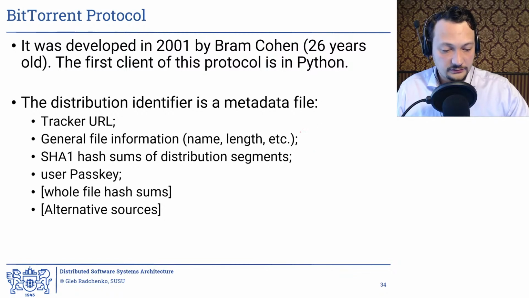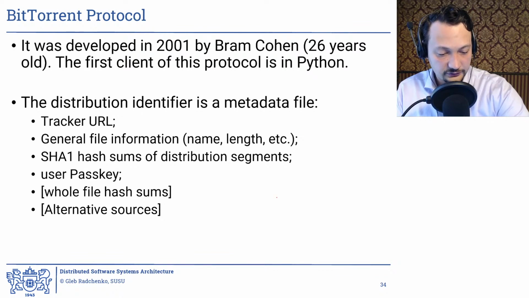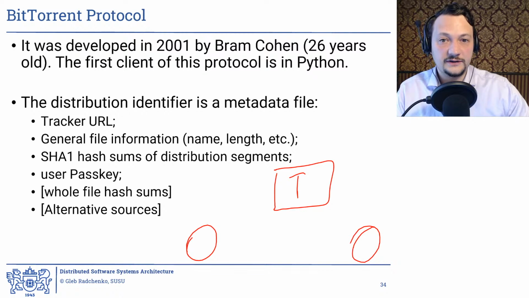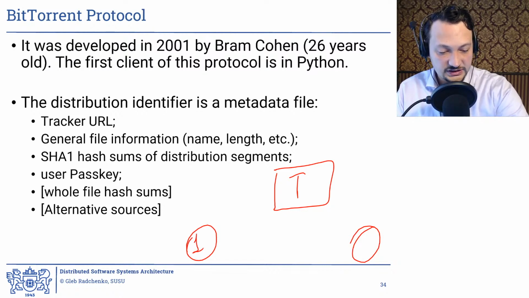So commonly the process of working with the tracker works like this. We have the tracker here, the tracker URL, and we have two peers that would like to exchange some files. So this peer, number one, got this metadata file that is the torrent file.